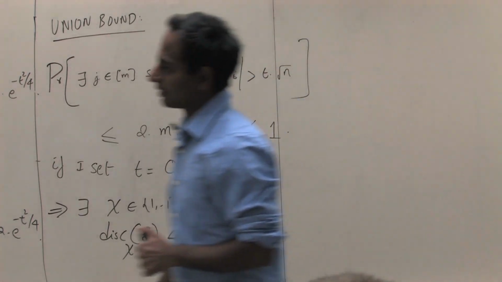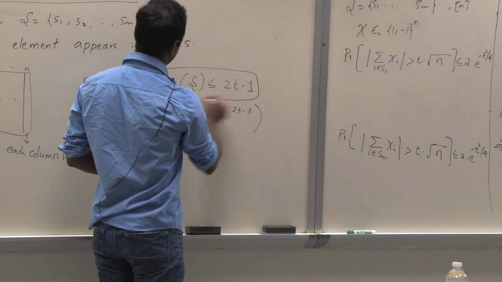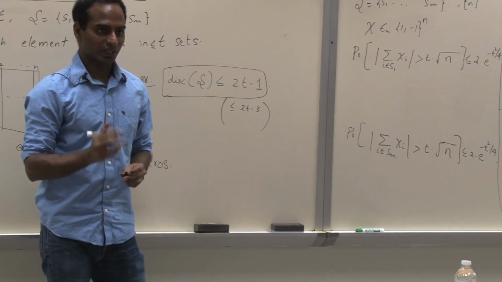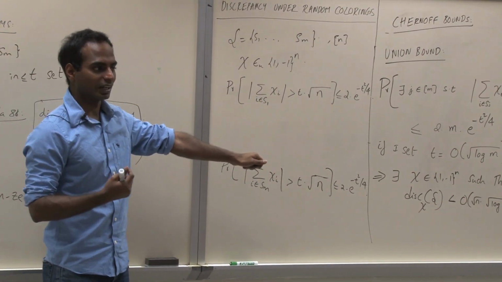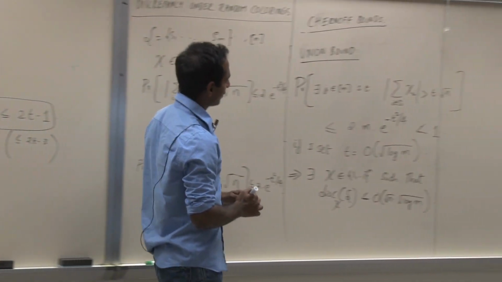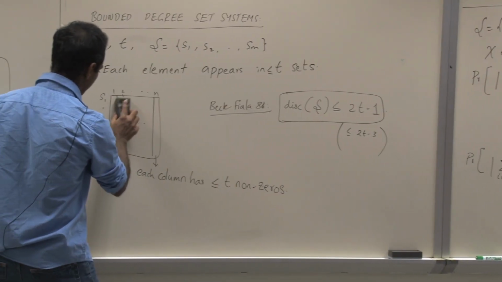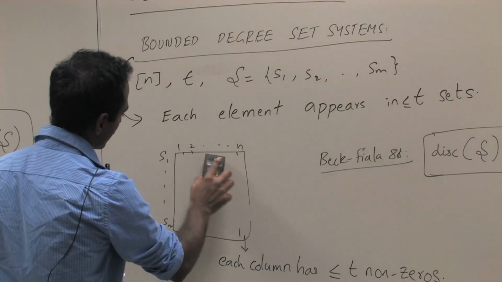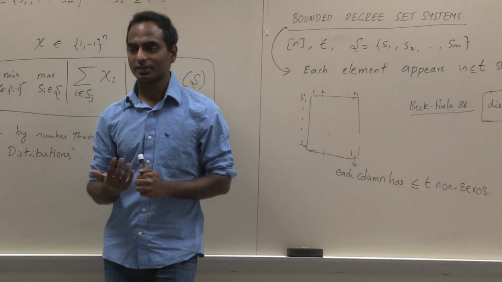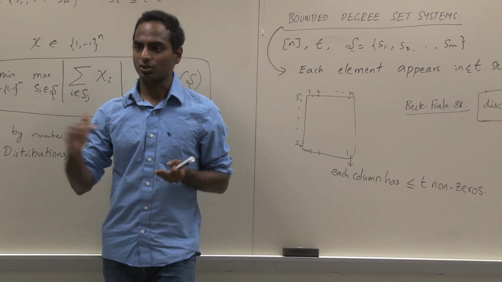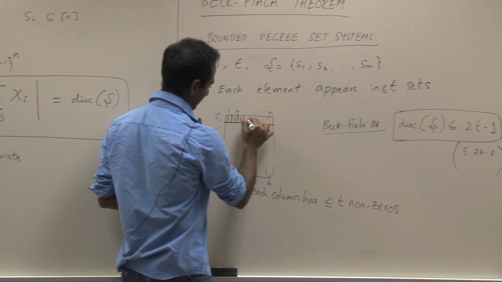All right. So that was a bit of a segue to motivate why the bound in the Beck-Fiala theorem is so interesting. If you take a random coloring, you get a bound of square root of n, which depends on n, and you cannot avoid it. For example, the only constraint on the set system here is that each column has at most t elements. There is no bound on the number of elements in each row. So for example, S1 could be all the elements.